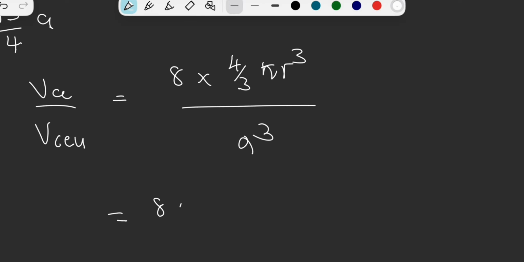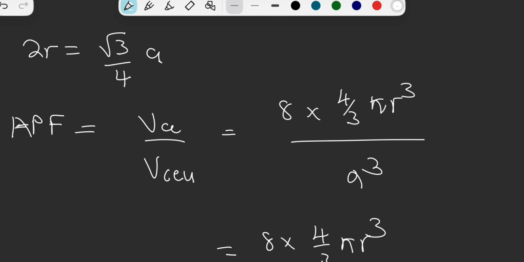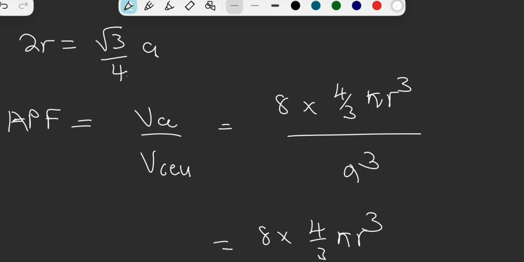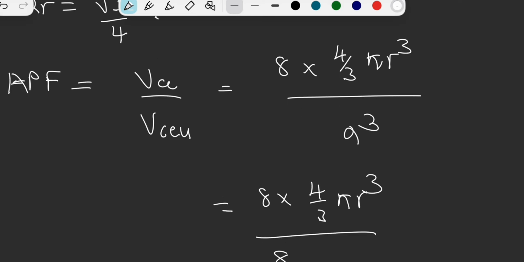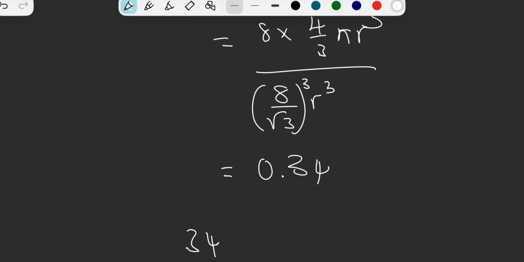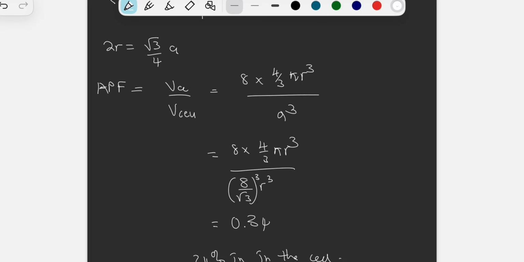So this is 8 times 4 over 3 pi r cubed over a cubed, and the value of a is 8 over root 3 r. You punch that in your calculator, you're going to get 0.34. So for diamond cubic, only 34% is in the cell.